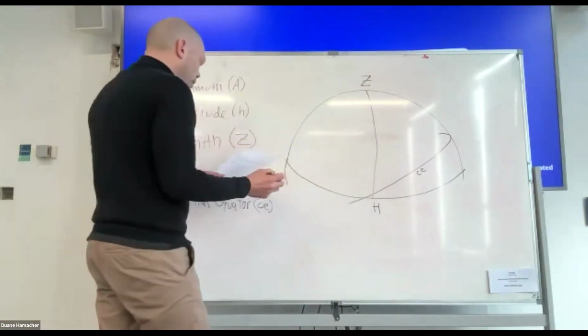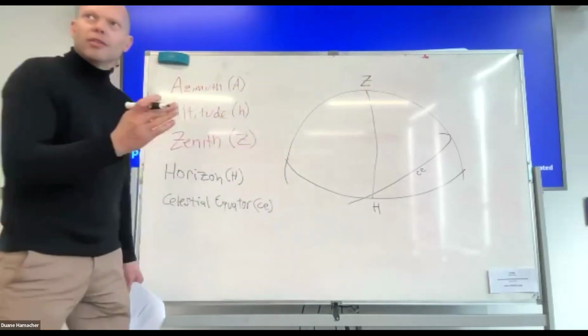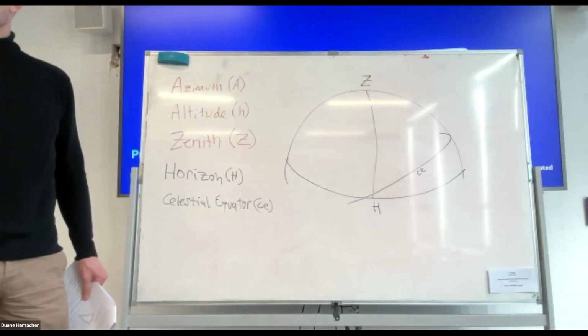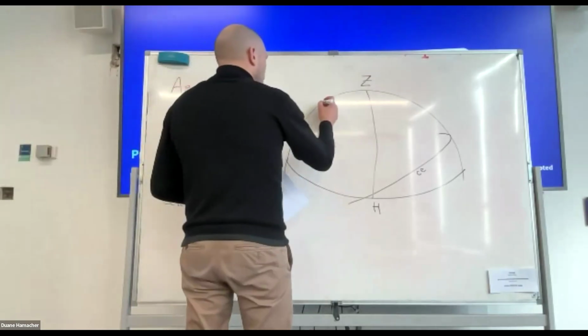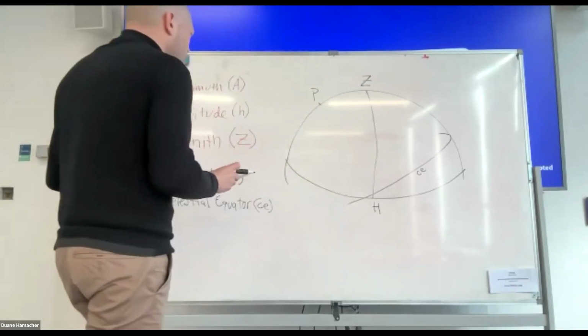And then is the zenith where the celestial pole of the earth is? Doesn't have to be, but it's going to be tilted off by some angle, right? We're going to call that P for celestial pole.